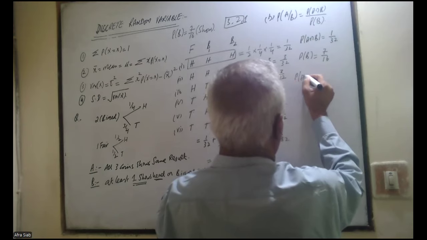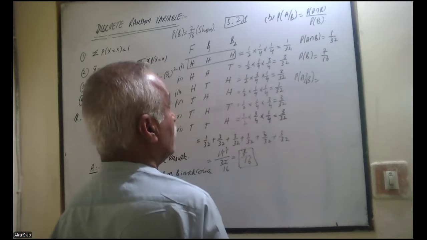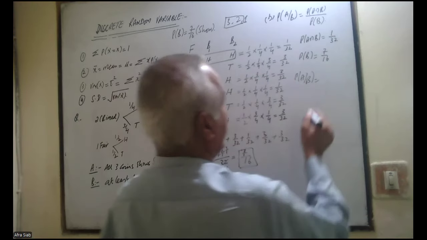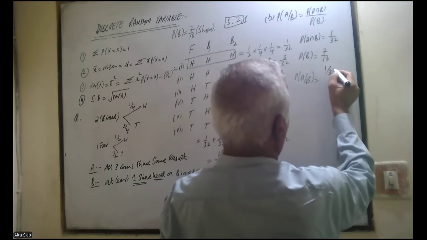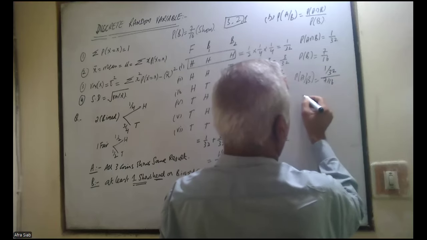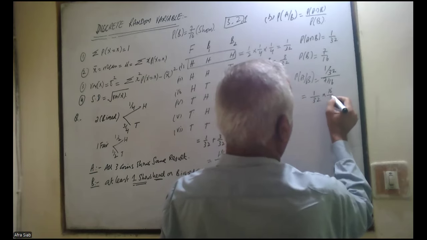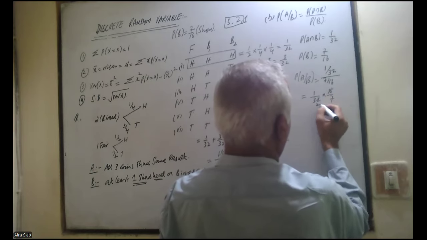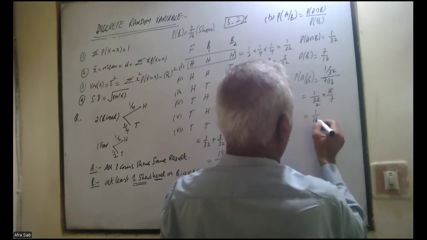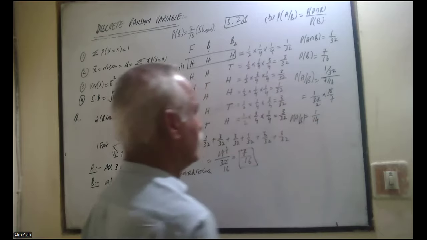So probability of A given B is equal to 1 over 32 divided by 7 over 16, which is 1 over 32 into 16 by 7. So that is equal to 1 over 14. That is the probability of A given B.